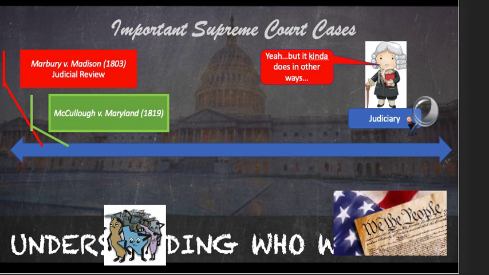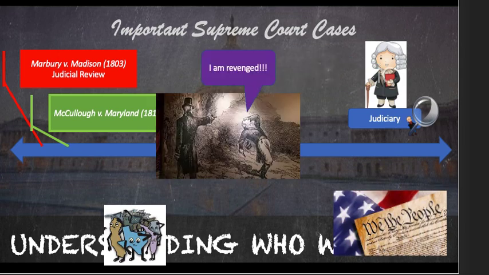The Supreme Court ruled that it kind of did and kind of didn't. And that because it gave the national government the job to regulate commerce, and banks are a part of that, even though it doesn't say bank, it is still okay because of other things that the Constitution does say, which is basically Alexander Hamilton's argument.